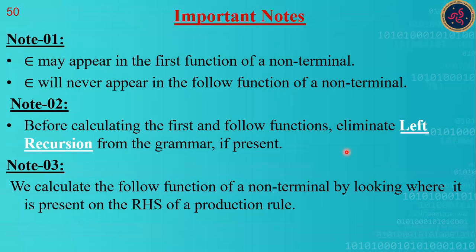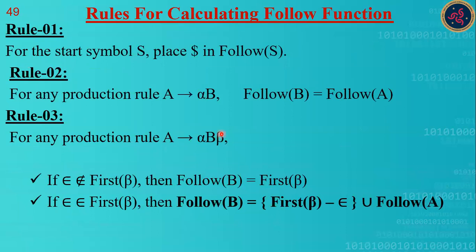The third point is that we need to calculate the follow function of a non-terminal by looking at where it is present on the RHS of the production rule. That is, we have to look at the right hand side of the production, where it is the non-terminal B, and we have to find the follow function.